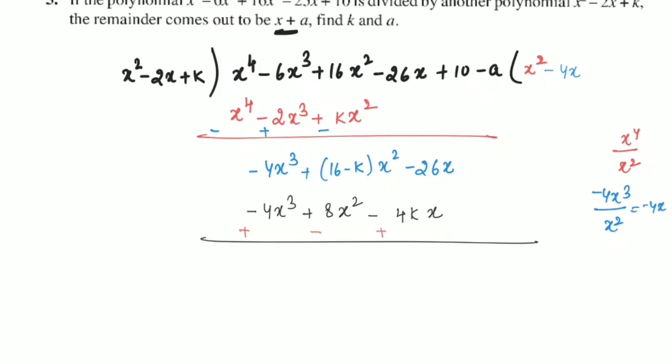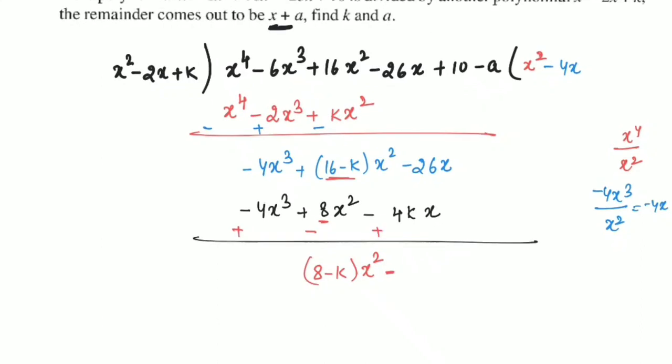See what you're going to get. 0 here. 16 plus k minus 8 is 8 plus k into x square, minus 26 plus 4k. So minus, if you take common, 26 minus 4k into x plus 10 minus a. Now you have to multiply it with 8 plus k by x square by x square.